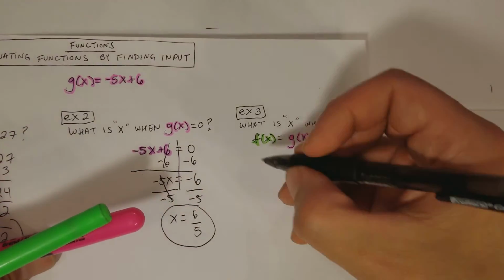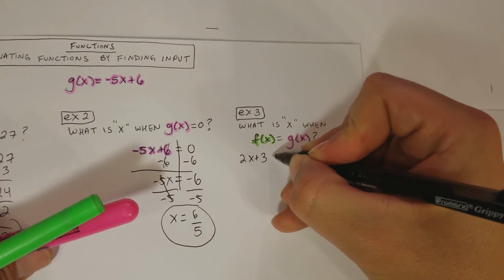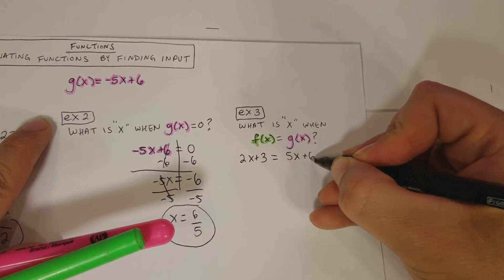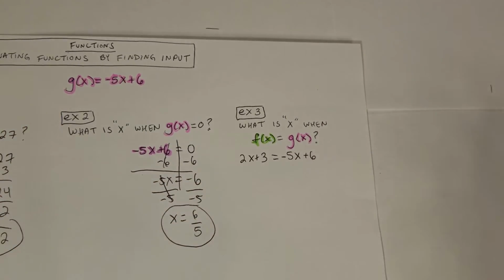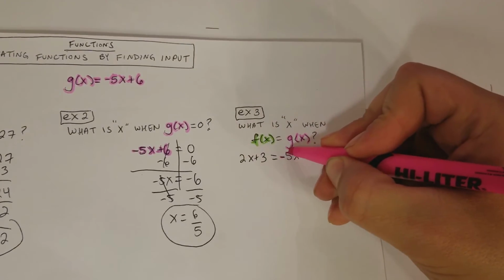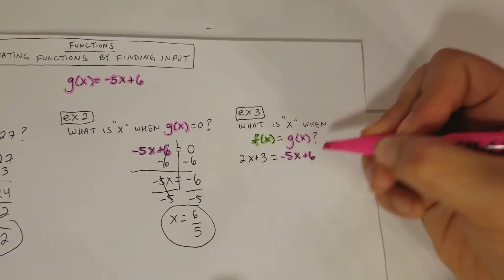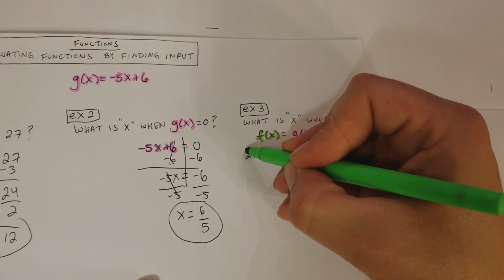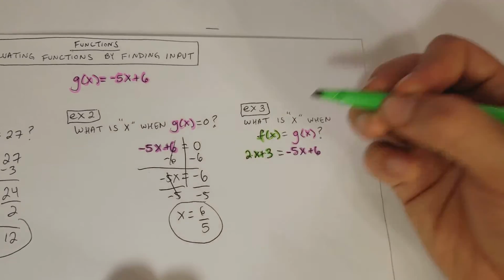So we're going to get 2x plus 3 is equal to negative 5x plus 6, if I plug it in correctly. Just to color code it, that was corresponding to the pink, and this was corresponding to the green.